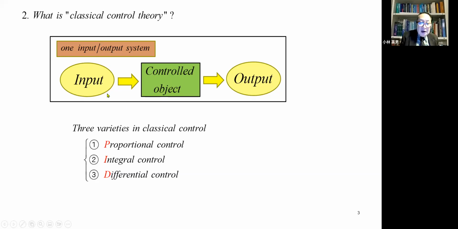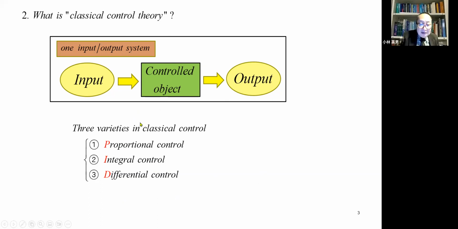Input is given to a control object, and then the control object gives output. This system is called a one input, one output system. So the classical control theory is adapted for this system.